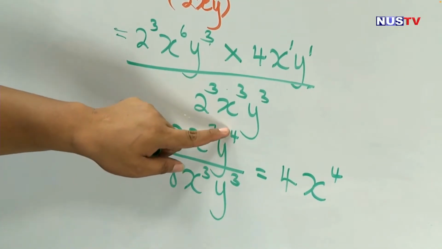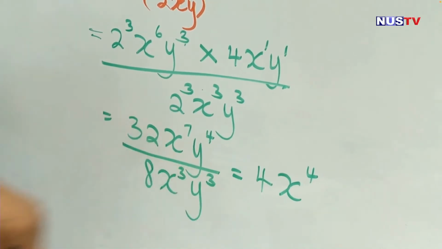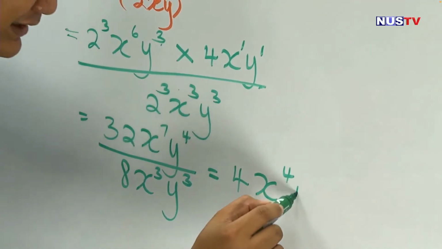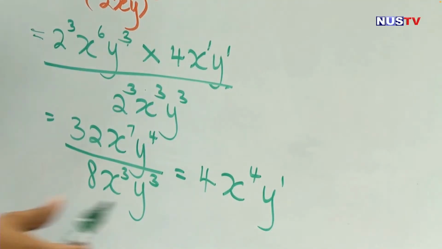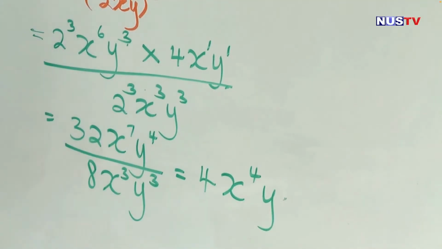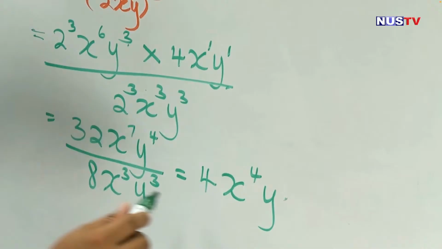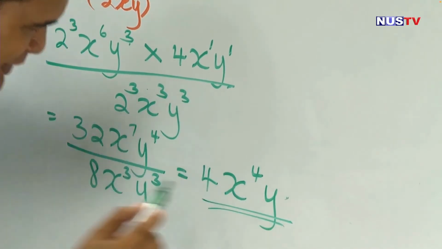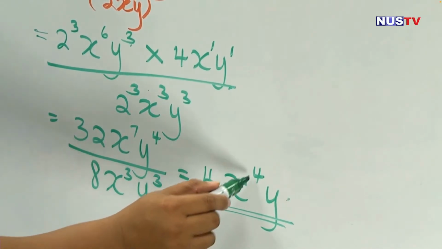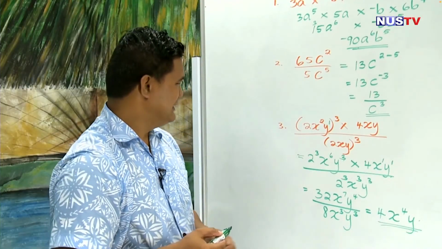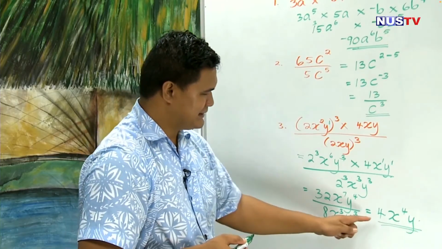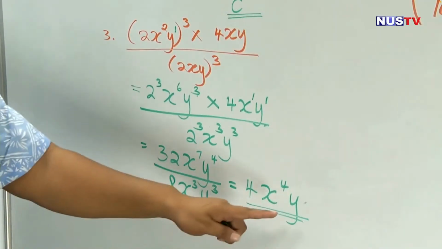And then y to the power of 4 divided by y to the power of 3 will be equal to y to the power of 1, or we can say just y. So the answer for our number here is 4x to the power of 4 y. Again, the answer for number 3 is 4x to the power of 4 y.